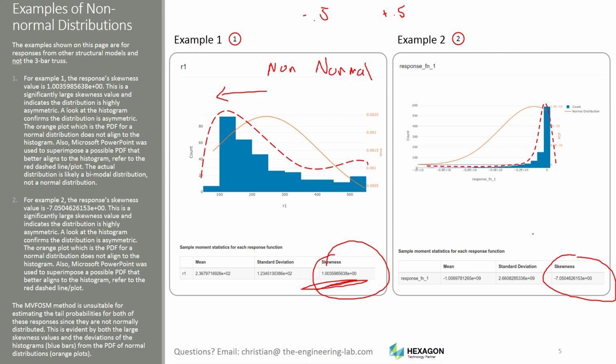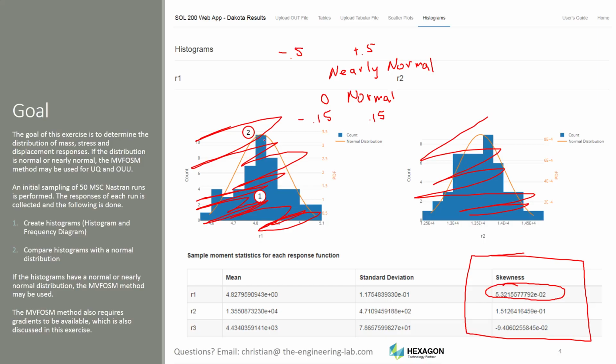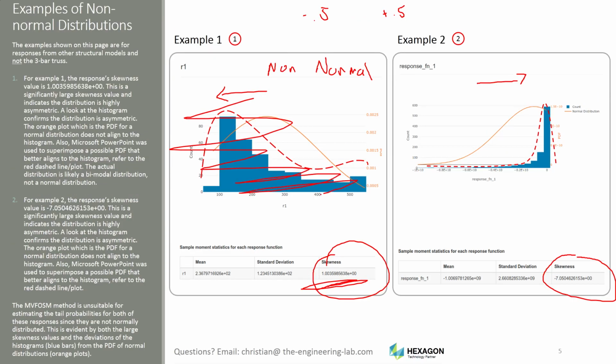If the skewness is negative, the distribution will be leaning towards the right. So the skewness value can give you a lot of information as to what the distribution looks like. So if you don't have time to build the histograms, you can rely on the skewness to determine if the response is normal, nearly normal, or simply not normal.